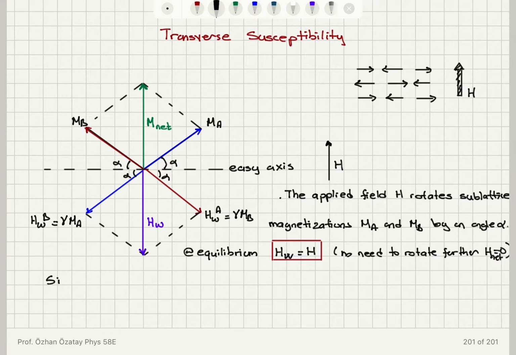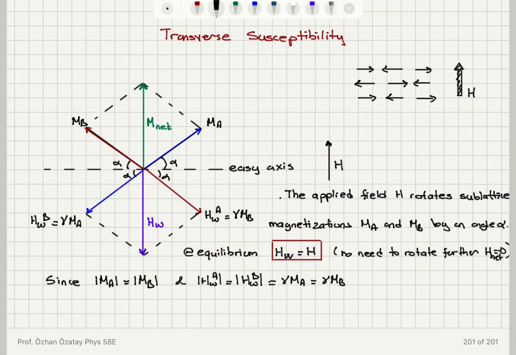Now we have the following relationship between the magnetizations of the A and B sublattices. In absolute value, they are the same. So the magnitude of the magnetizations is the same. And we also have that the molecular field acting on A has a magnitude equal to the molecular field acting on B, which is equal to gamma times MA or gamma times MB.